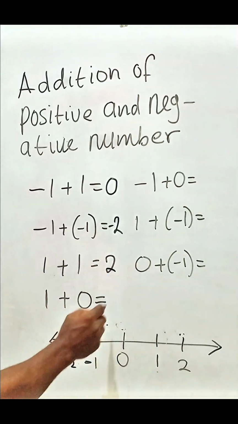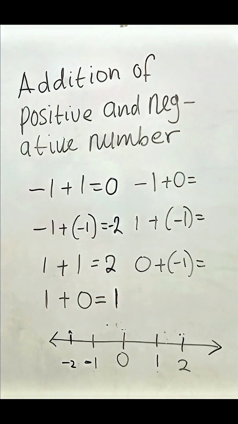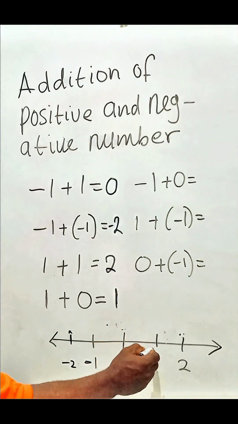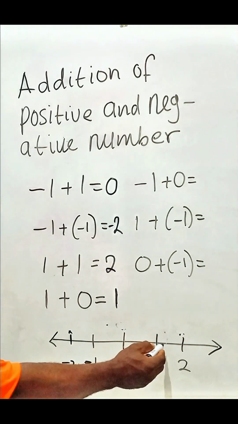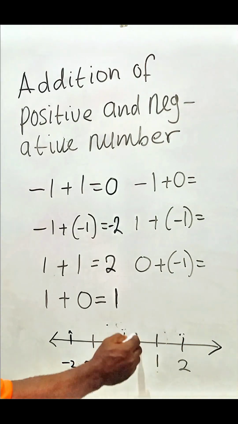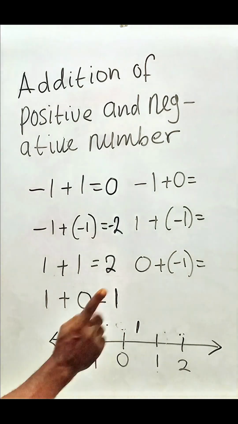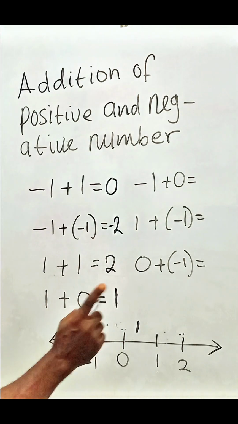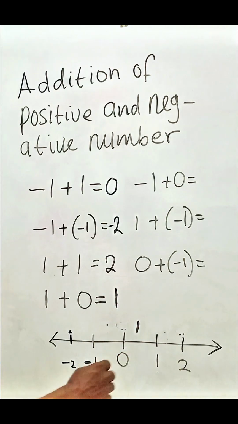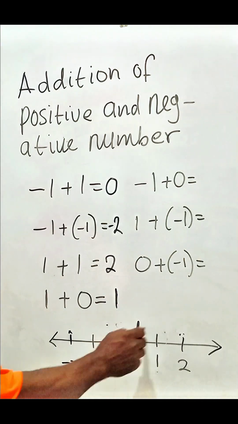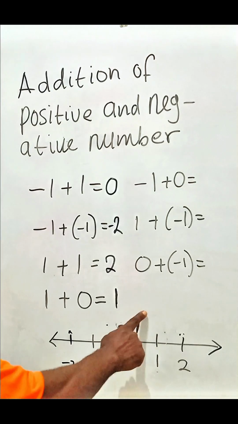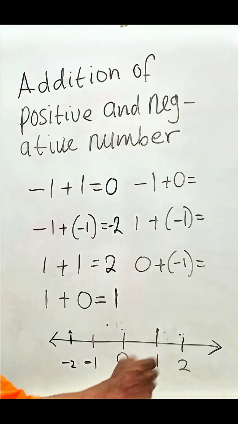1 plus 0 is equal to 1. On the number line, if we start at 0 and then we move 1 unit to the right, since each interval is 1 unit, we are going to stop at 1.